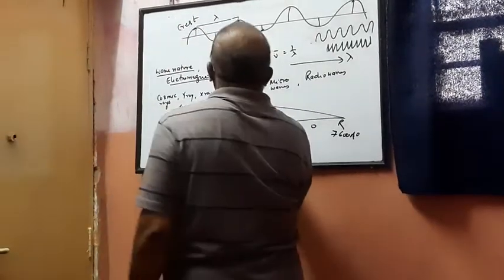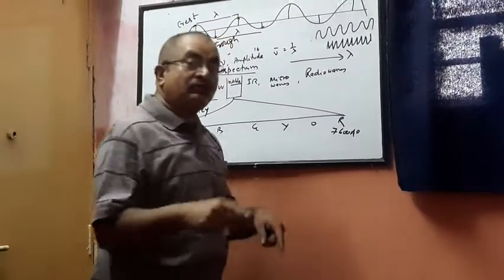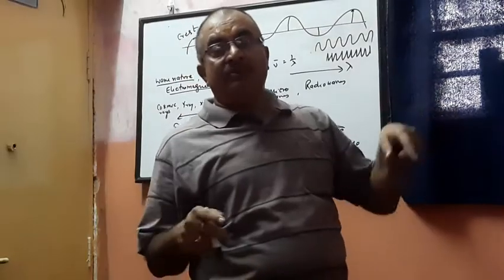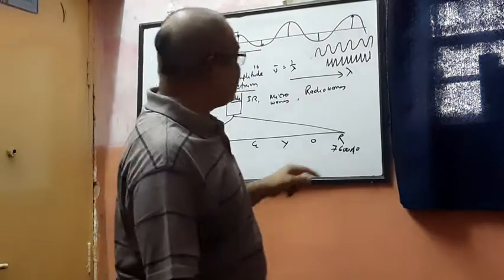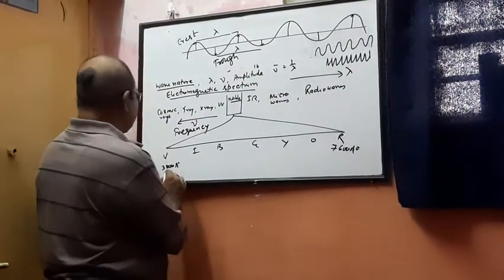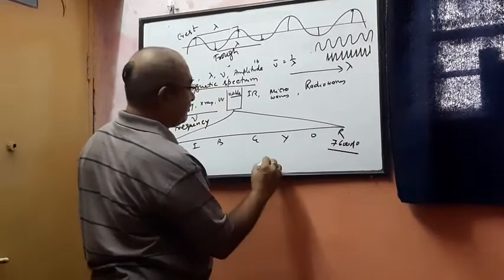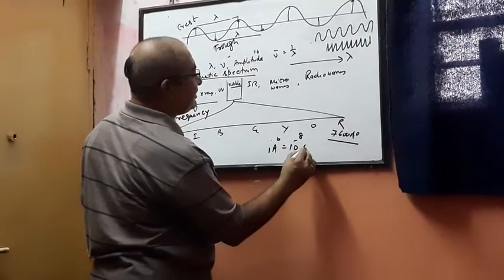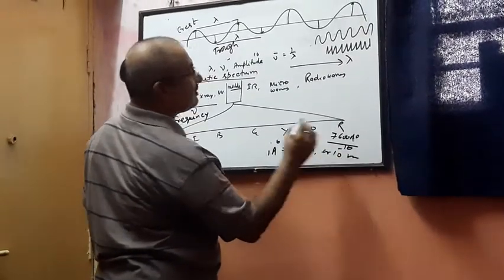The middle one given here is the visible region. Visible region is the region in which we can see anything. Above and below the visible region, we can't see anything. The visible region is 3800 angstrom to 7600 angstrom. 1 angstrom equals 10 to the power minus 8 centimeter or 10 to the power minus 10 meter.